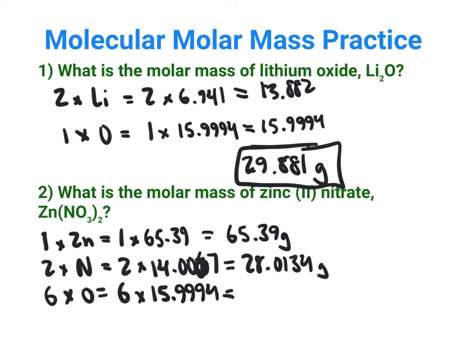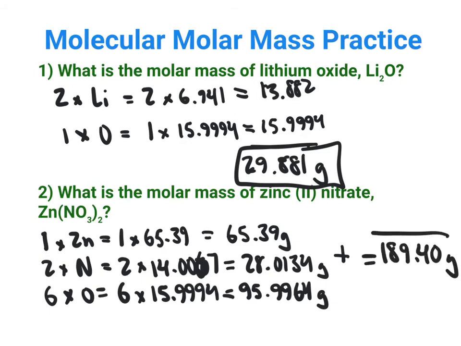And I multiply that by 6, and I get 95.9964 grams. And then all I do is I add these 3 together, so 95.9964 plus 28.0134 plus 65.39, going to 2 decimal places gives me 189.40 grams. So not a super difficult thing to do to find the molar mass of molecules.